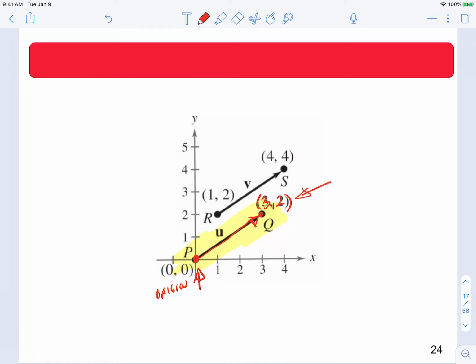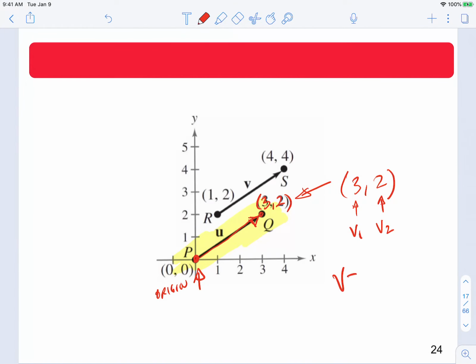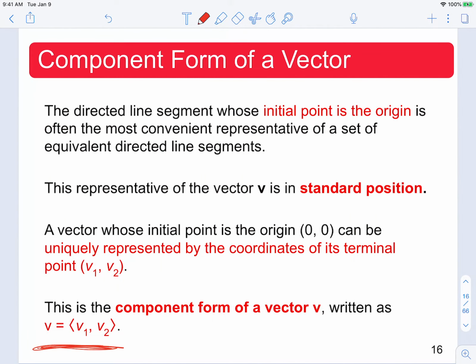These two numbers here, the 3 and the 2, are the v1 and the v2 from our definition. So the way we could write this is v equals ⟨3, 2⟩. And that's what they're talking about.